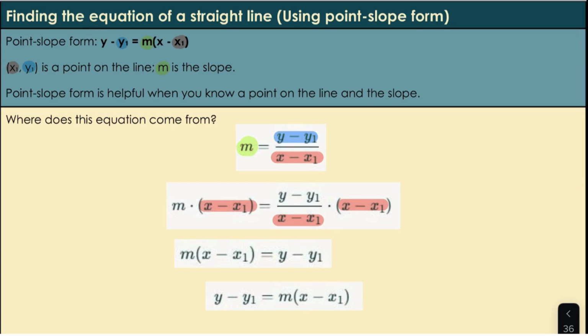Why do we do that? Because on the right hand side that will cancel, and we now have our slope multiplied by the change in x equaling our change in y. We can then flip it round and we have our change in y equal to our slope multiplied by the change in x. That is our point-slope form equation.